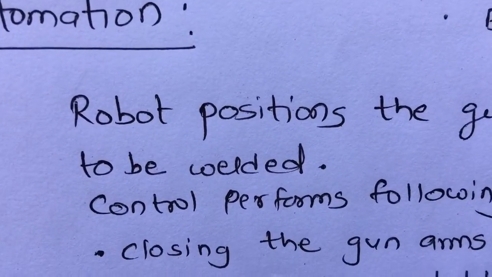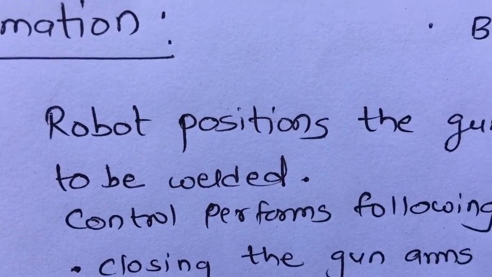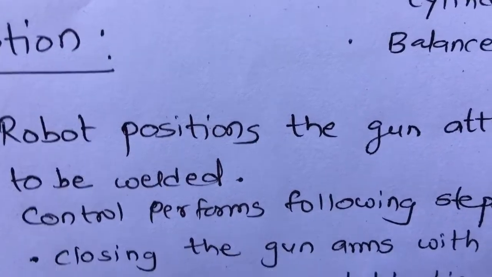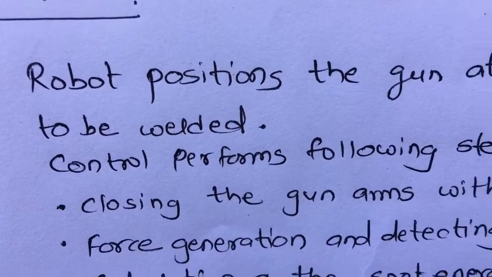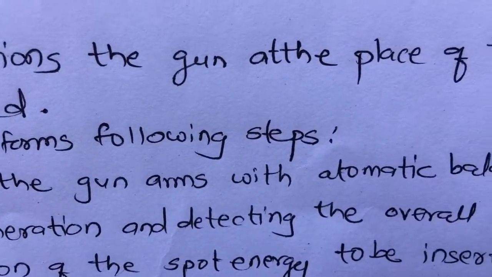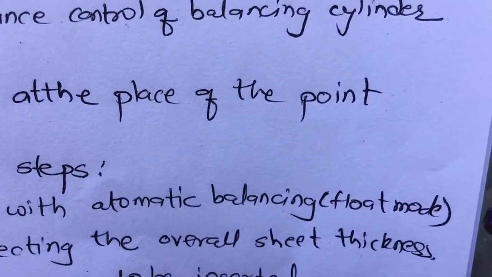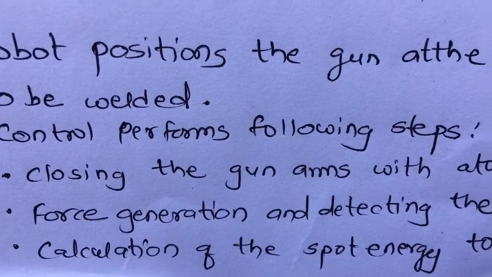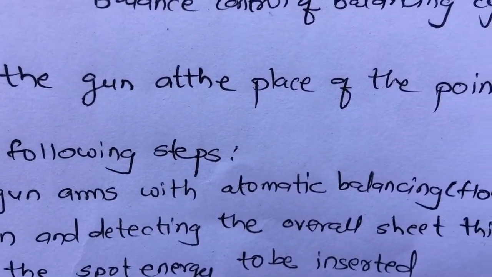Now the control system performs the following steps: closing the gun arms with automatic balancing. It is called float mode. So that is the first task, closing the gun arms with automatic balancing.